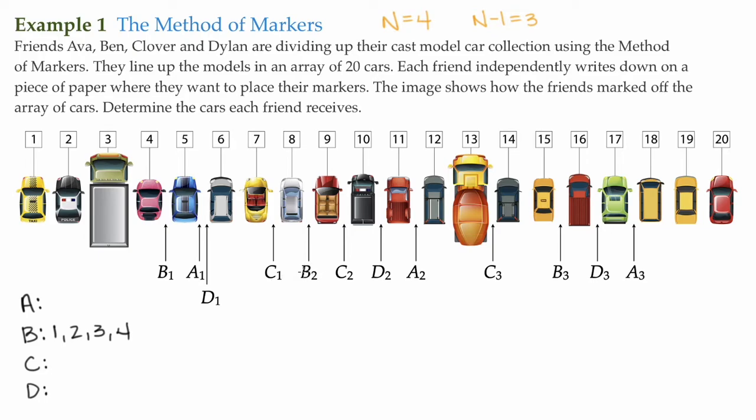But that's Ben again, and Ben was already awarded the first section. So we move on down until we come across the next second marker, and that's this right here, and that's Clover. So Clover is going to get all the cars between her second marker and her first marker. And that's these cars right here. Those are cars 8 and 9.